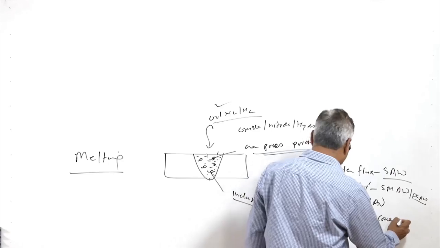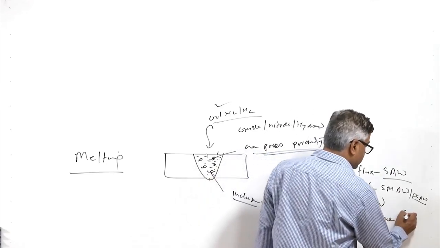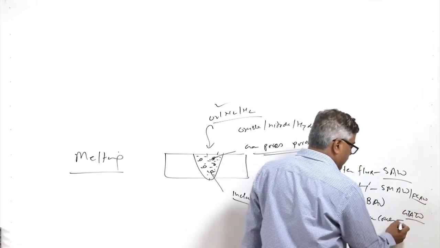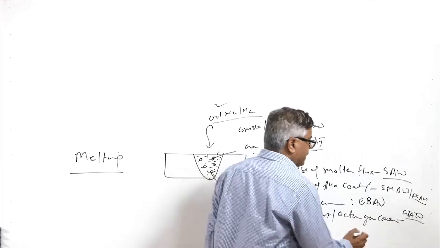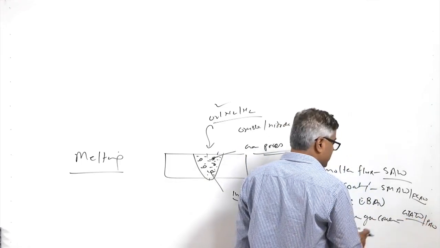And use of cover of the inert or inactive gas is used in case of the gas tungsten arc welding, like inert gases, and gas metal arc welding. Plasma arc welding also uses the inert gases.